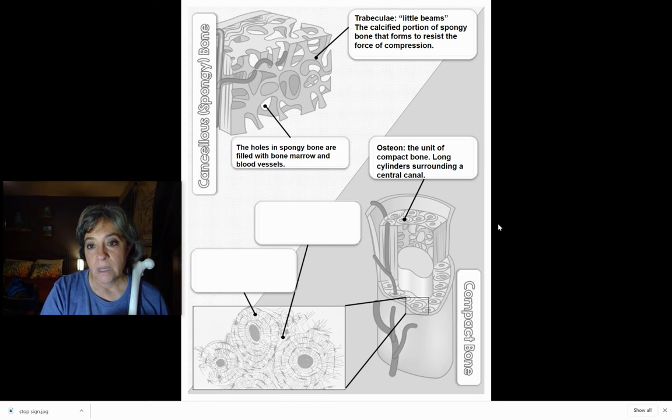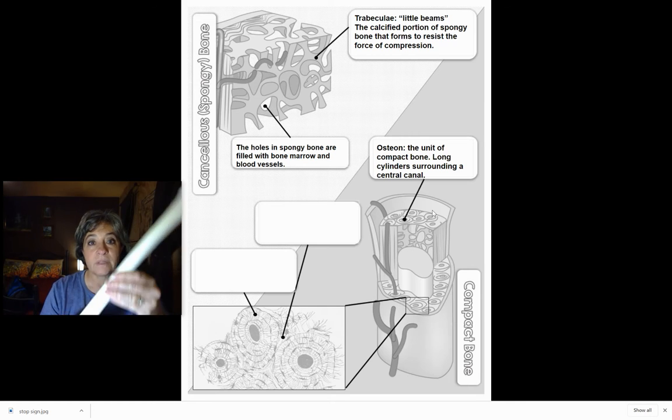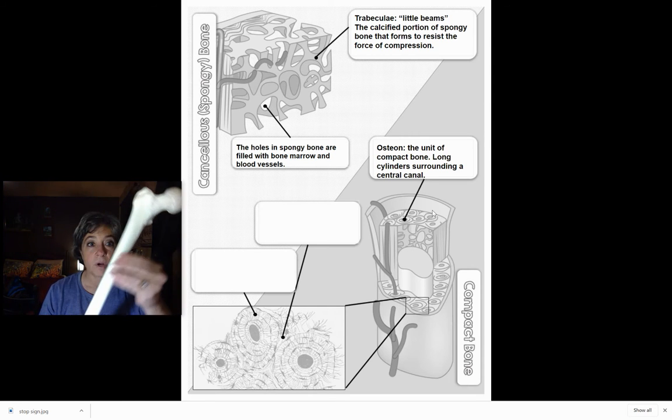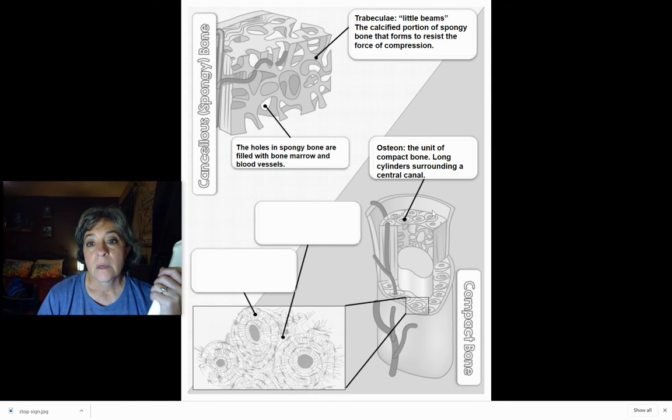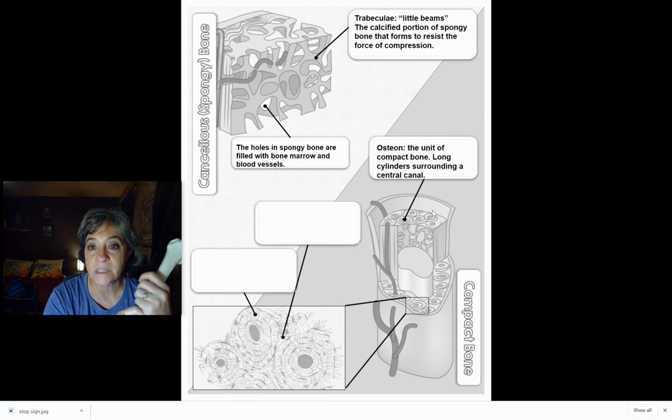Compact bone is found in bones like the middle part of these long bones. The smallest unit of compact bone is called an osteon. That's what this word is here, osteon, the unit of a compact bone.